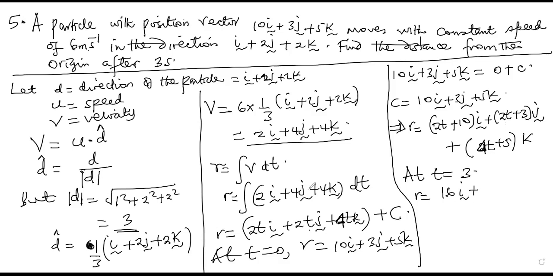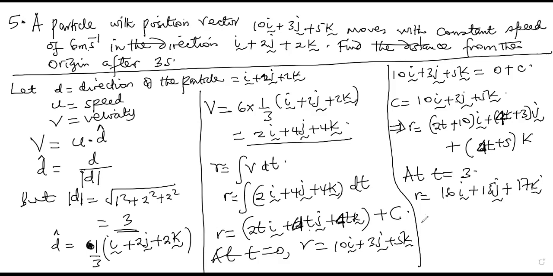I don't know why I'm writing a 2 instead of a 4 here. 4t, so it is 12 plus 3, that is 15j, then plus finally 12 plus 5, that is 17k.